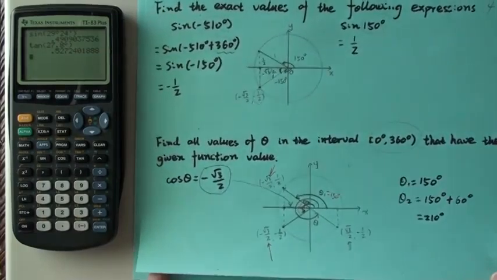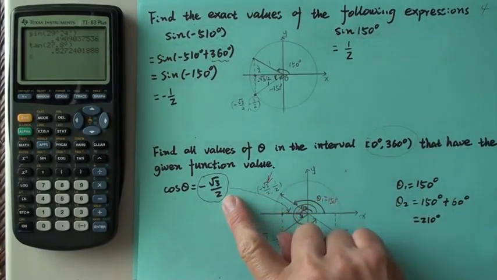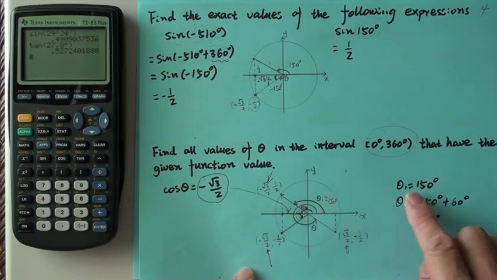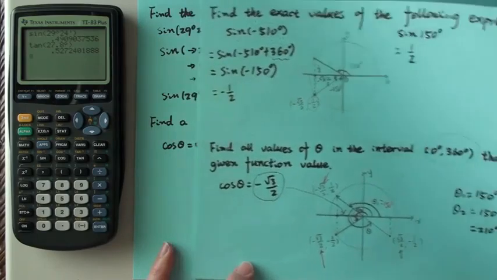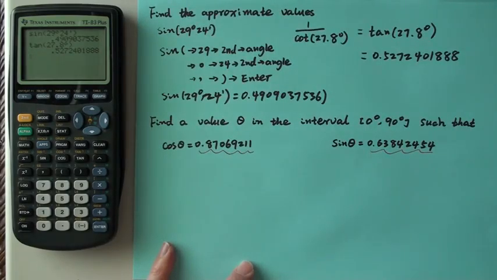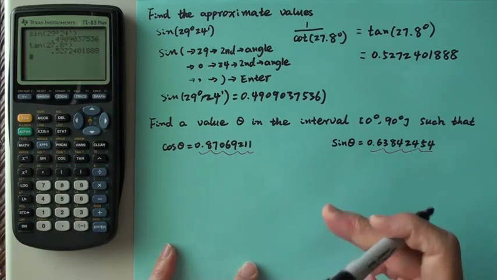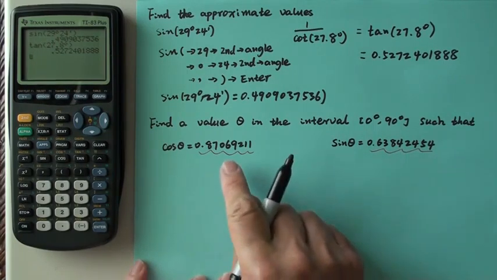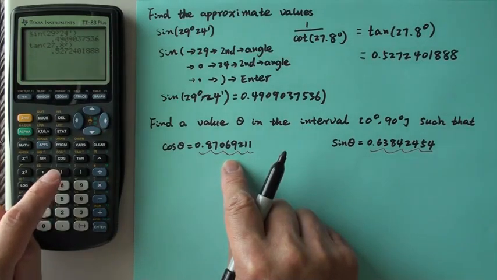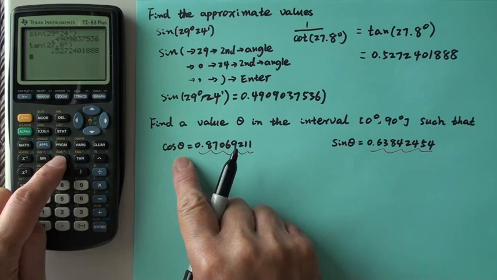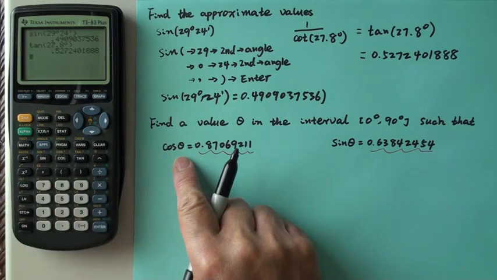Previously we did one that was a special value, so you could find exactly where those two angles are. Right now, those are approximate values. Here is cosine, so you want to use the yellow function, cosine inverse.